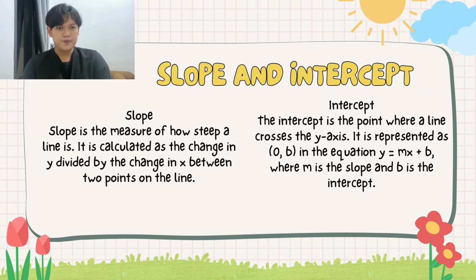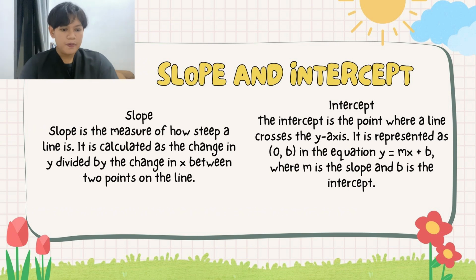Okay, next, slope and intercept. What is slope? Slope is the measure of how steep a line is. It is calculated as the change in y divided by the change in x between two points on the line. And then intercept.